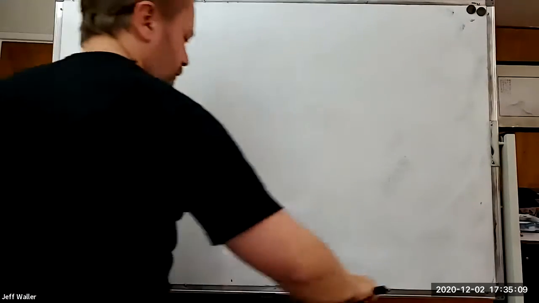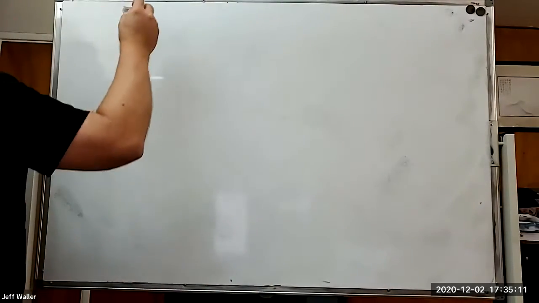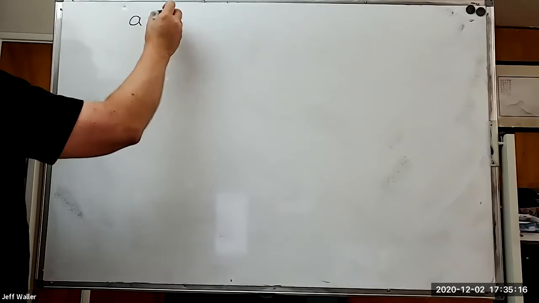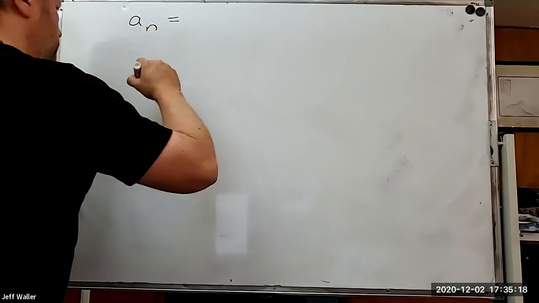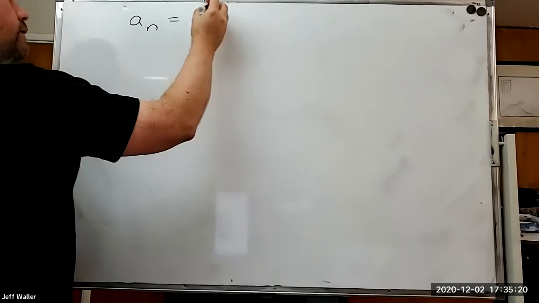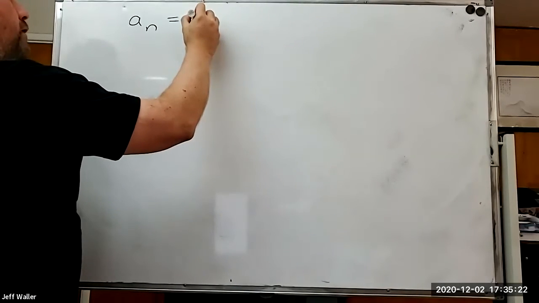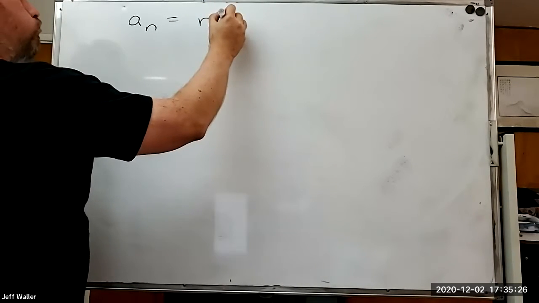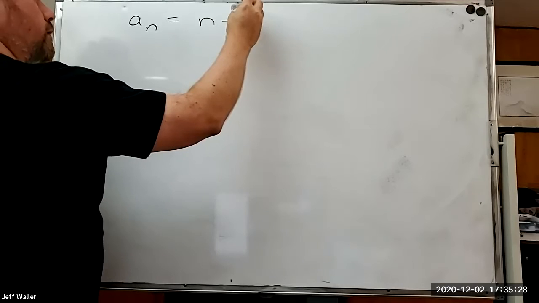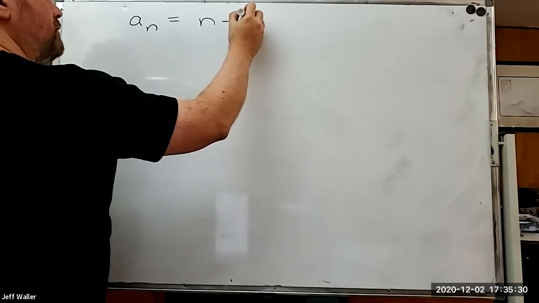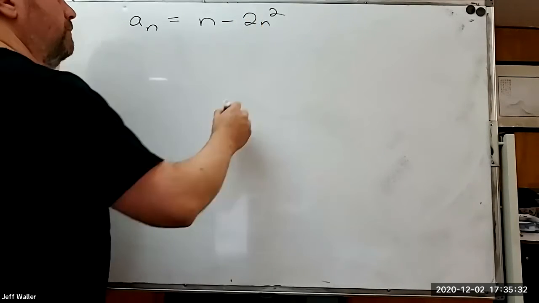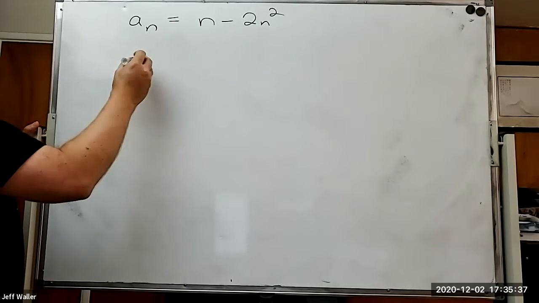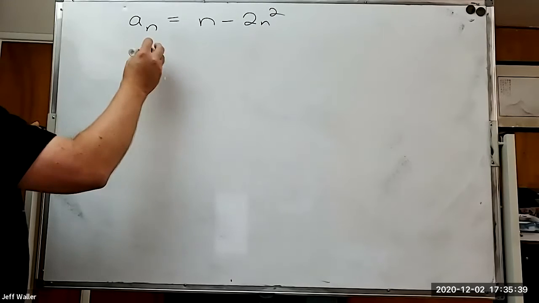So the last thing we left off talking about was sequence notation, right? So if I give you a sequence like this, a_n equals n minus 2n squared. So it's just like function notation.